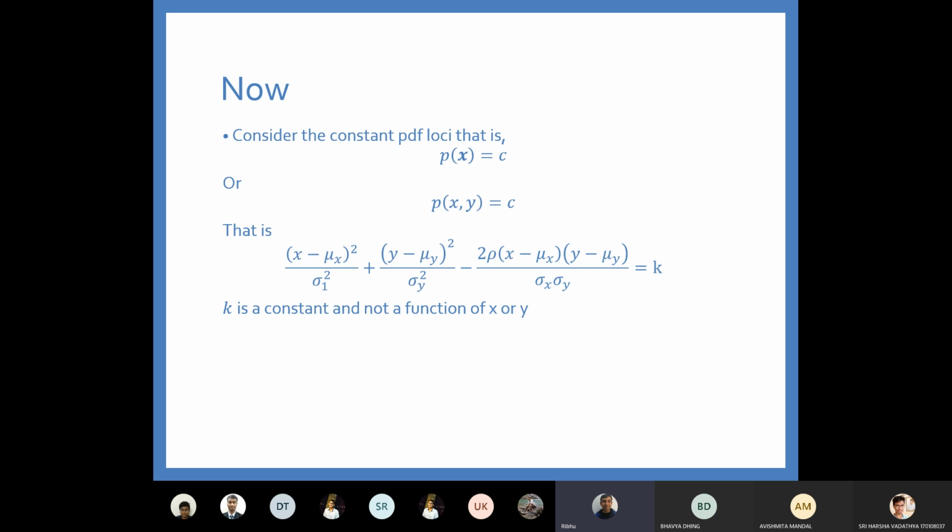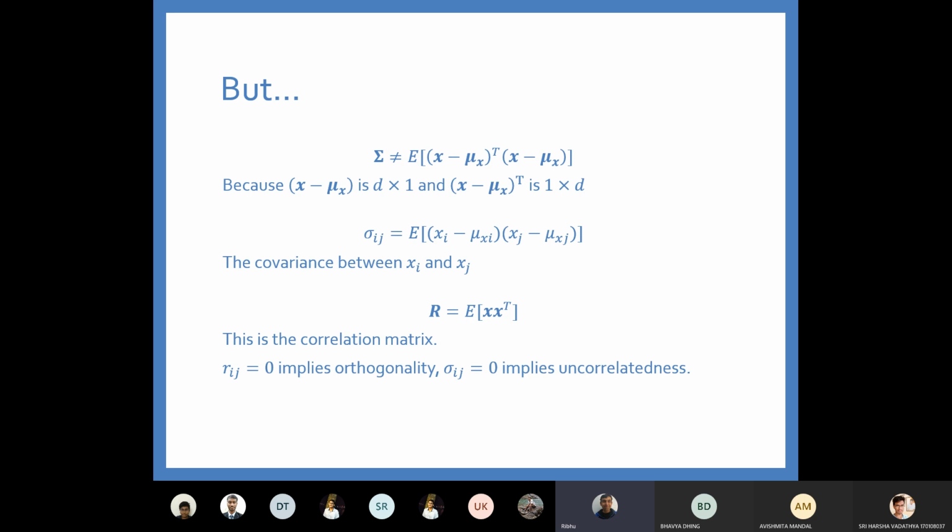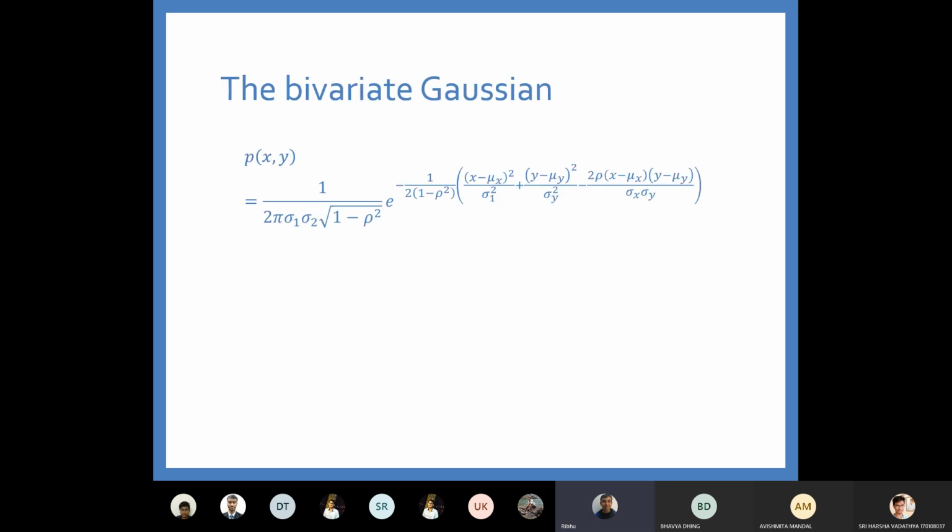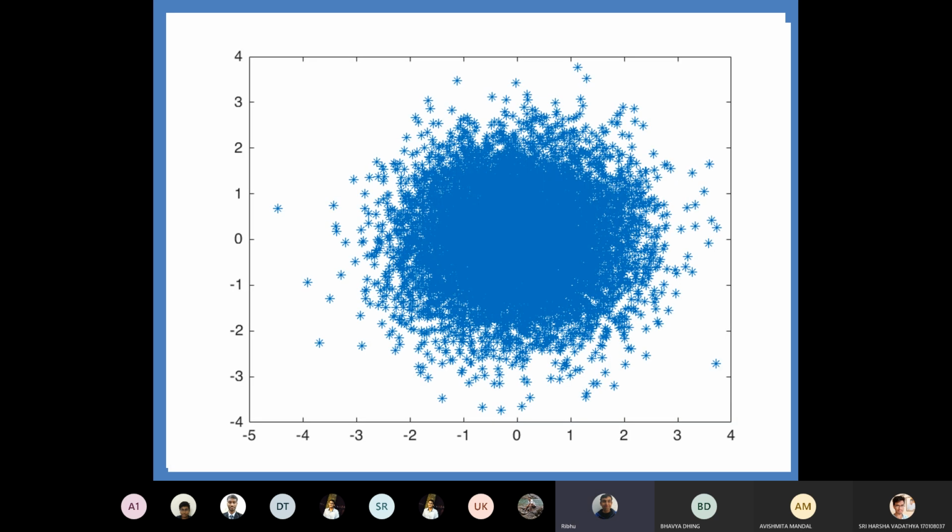Fine. So if I go a few slides back, p(x,y) is this beast. So I can take the log on either side and multiply with some scalars, and what I will get is something like this, k, which is another constant, not a function of x or y, but some constant which is a function of c, and possibly the variances, but that doesn't matter right now.